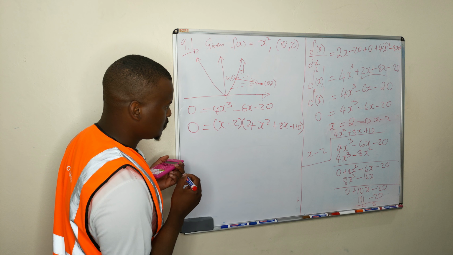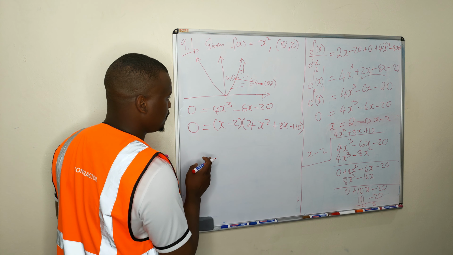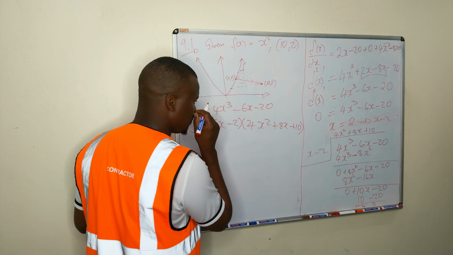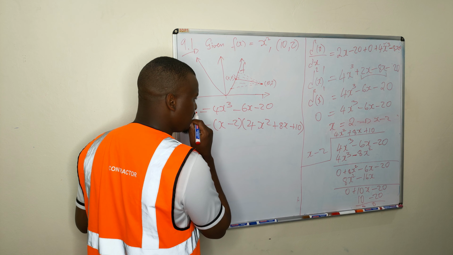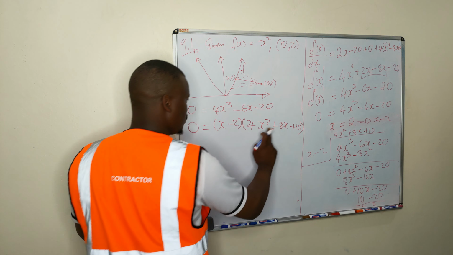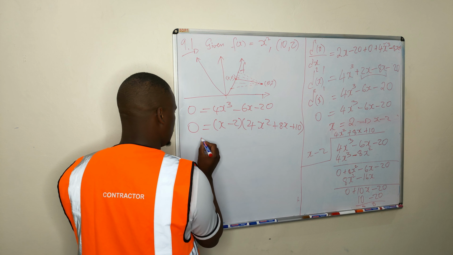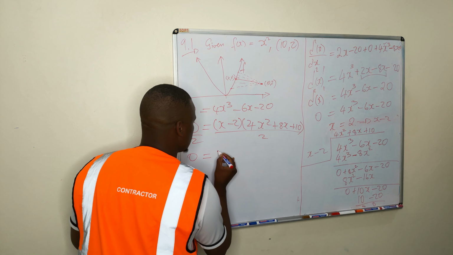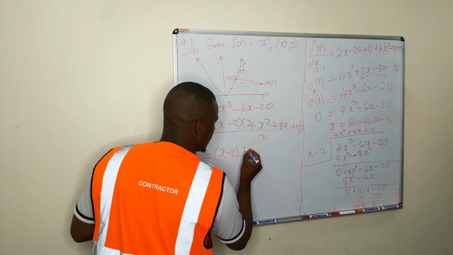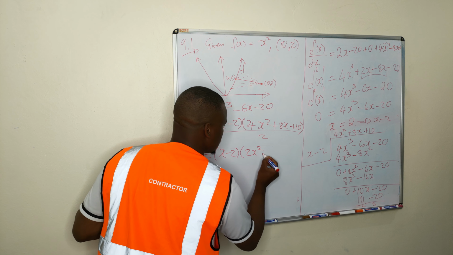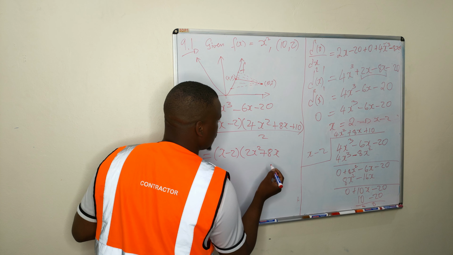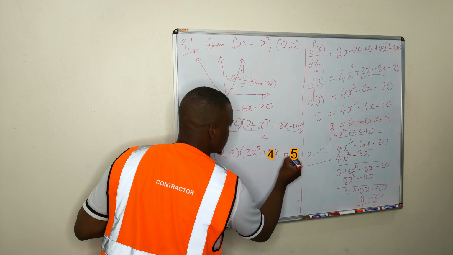Right? So let's try to simplify this further by dividing by 2. So we have 0 is equal to x minus 2 times 2x squared plus 8x plus 10.